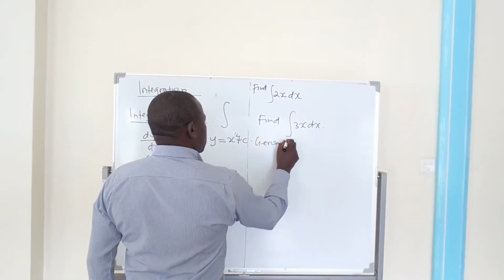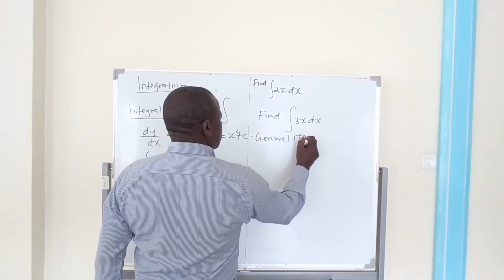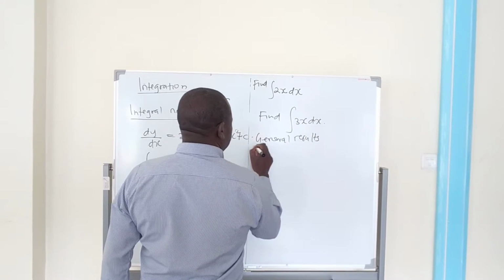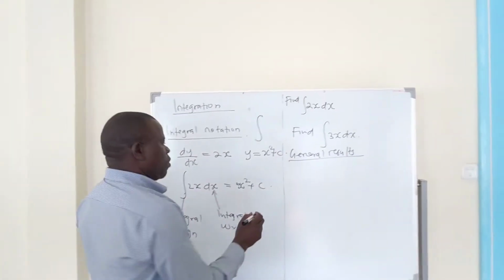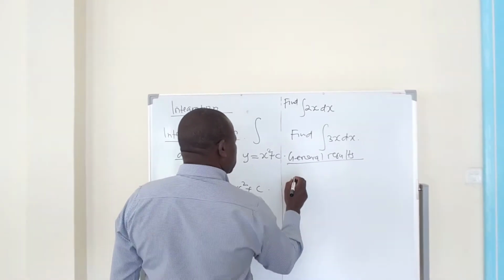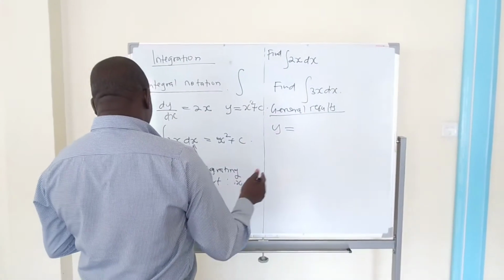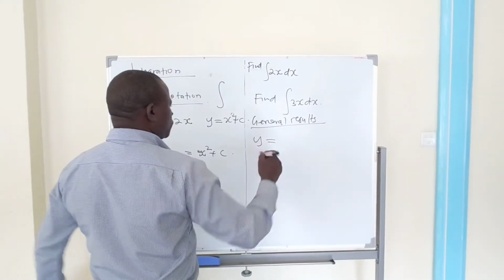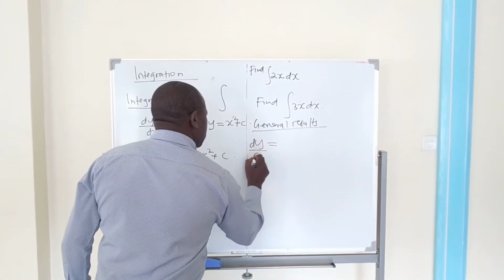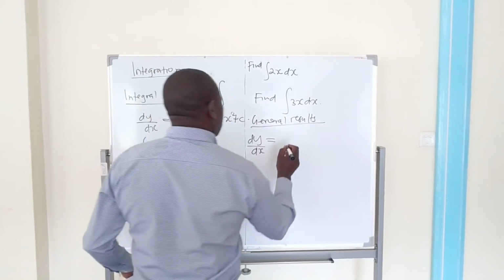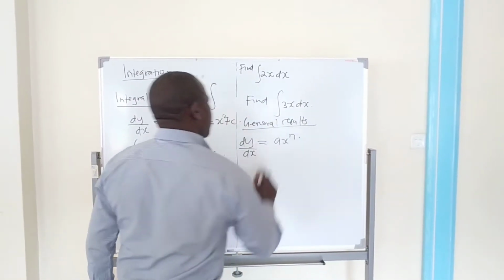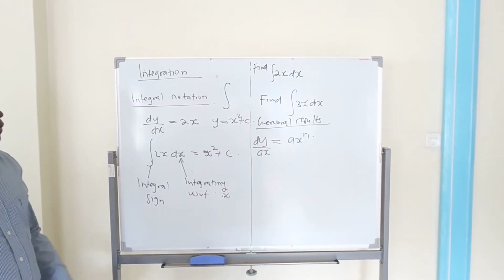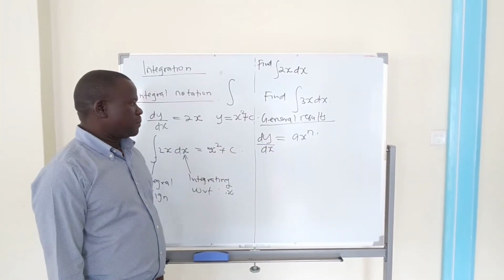General results of how to integrate. Okay? If I have a function, say dy dx is equal to a x to the power n, let's say this is the derivative.